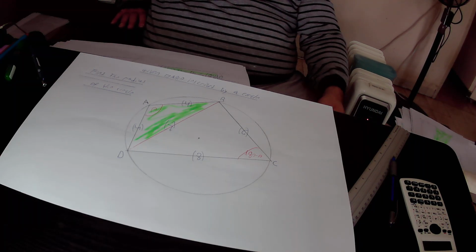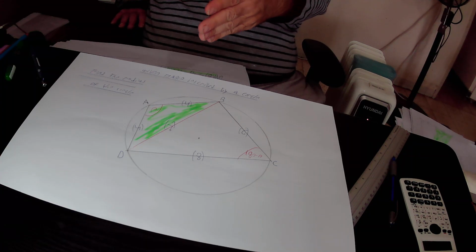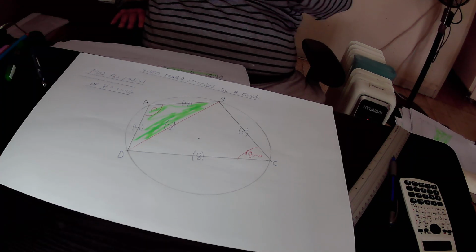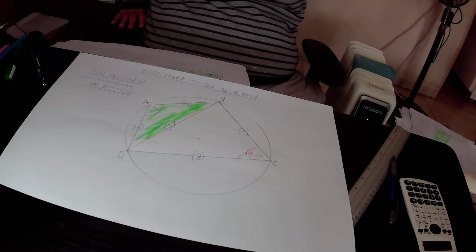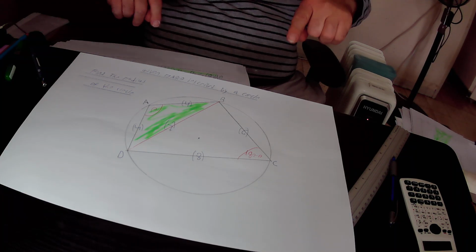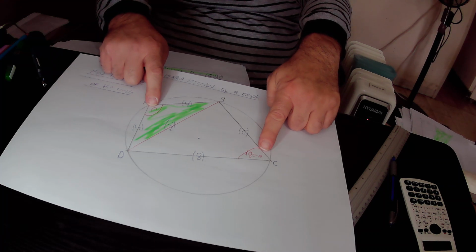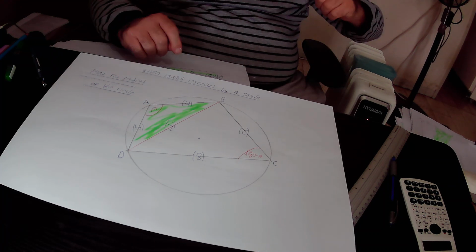Quadrilateral ABCD is of course a cyclic quadrilateral because it is described by this circle. Therefore, we can implement rule 70. According to rule 70, the sum of those two opposite angles must be equal to 180 degrees.